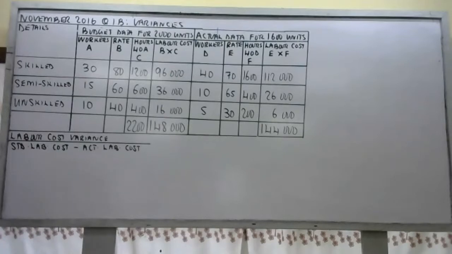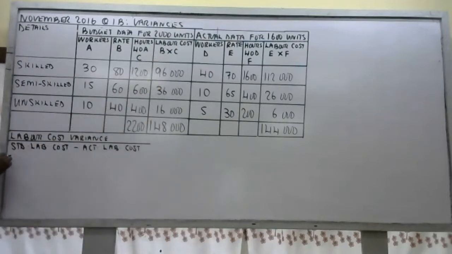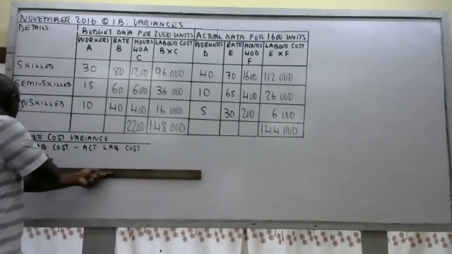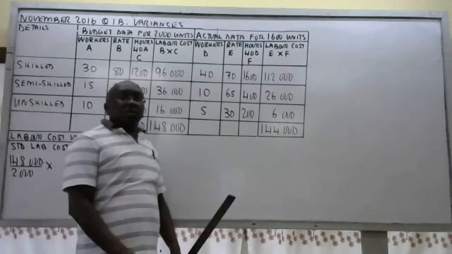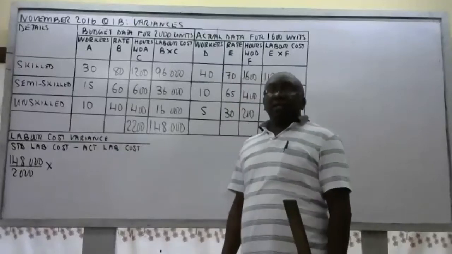So the standard, you will get it like this. You come here and say, in our budget, we thought we could spend 148,000, and this one was for making 2,000 units. Remember, I keep on telling you, when you see the word standard, it should be per unit.